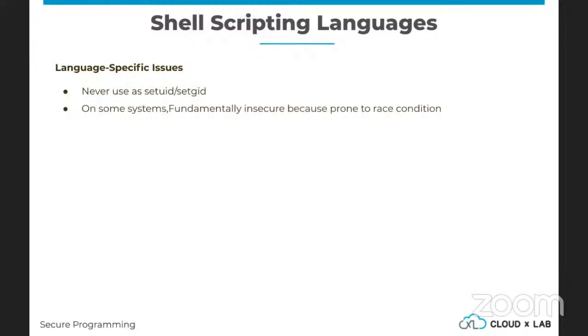Therefore, shell scripts are very prone to race conditions. So make sure that you use shell scripting only for yourself, and not in a way that it is given to another user, which can be exploited.